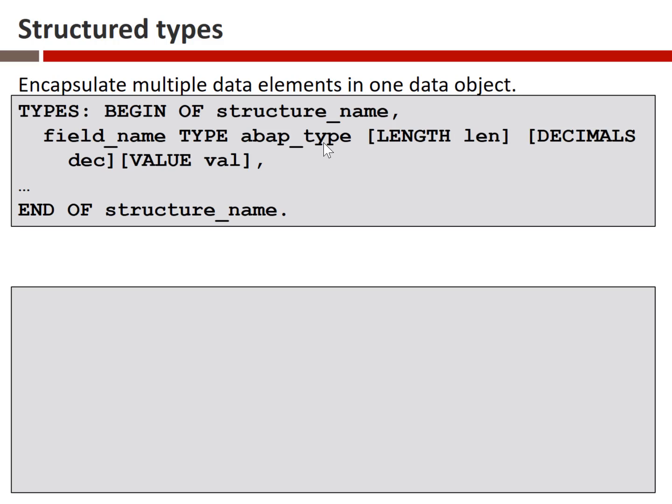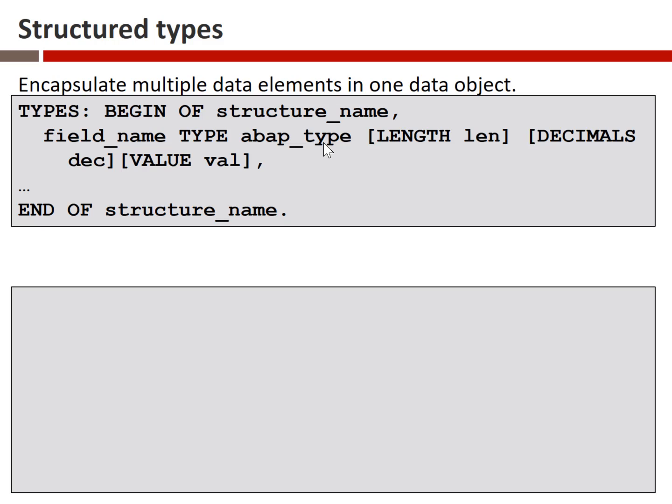How do I make one of those? Well, I start with a types statement. Types, colon, begin of, and then the name of the structured data type I want to create. And keep in mind, I'm creating a data type here. Colon, and then I list the name of the field, and then the keyword type, and then I give a type definition for that field, just like we would have done in other contexts.